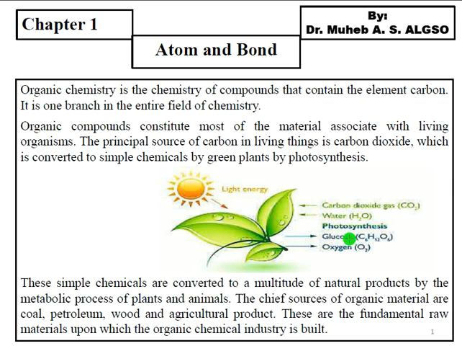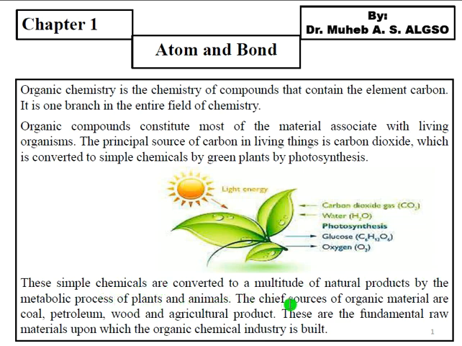Of course, glucose is an organic compound and is one of the starting materials for other compounds. These simple chemicals are converted to a multitude of natural products. We mean here glucose and other compounds, by the metabolic processes of plants and animals.